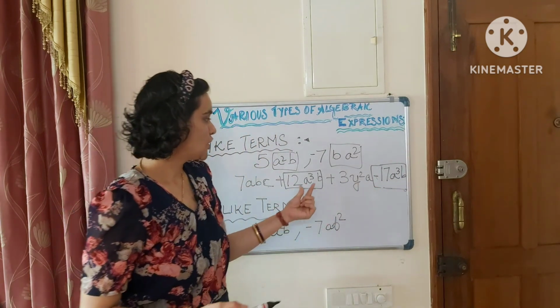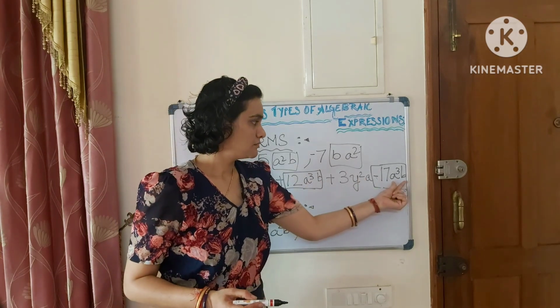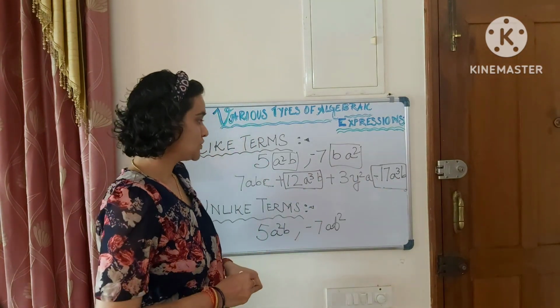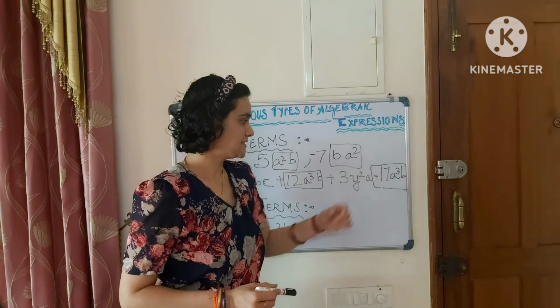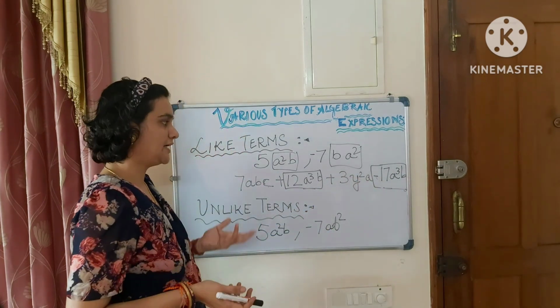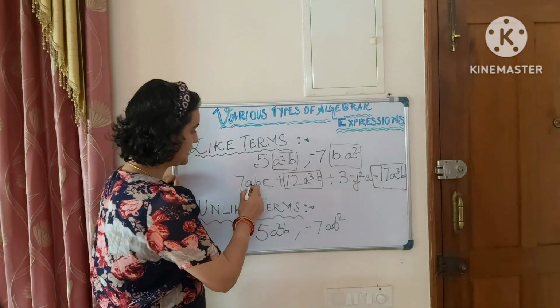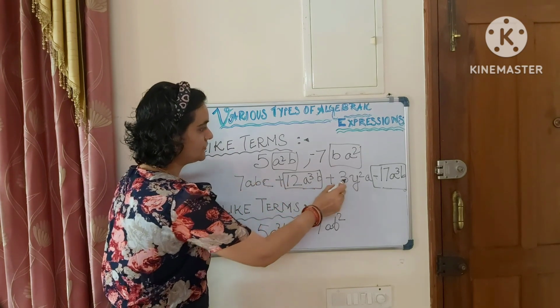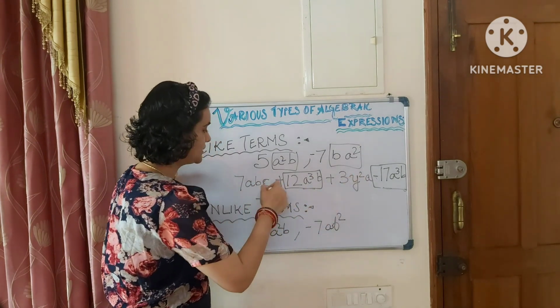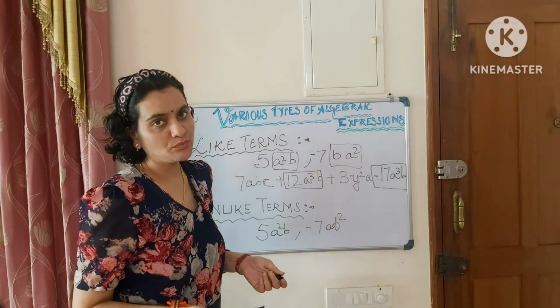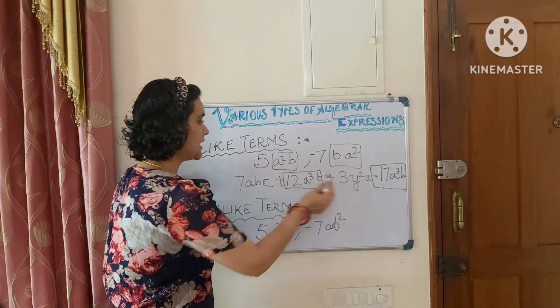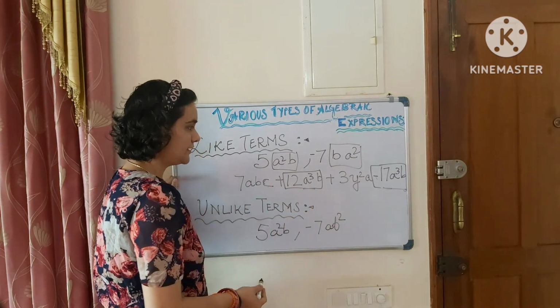Both have got the same literal factors, so these two can be considered as like terms. Now if I try to find unlike terms, then 7abc and 3y square a do not have the same literal factors. So these are two unlike terms, right?